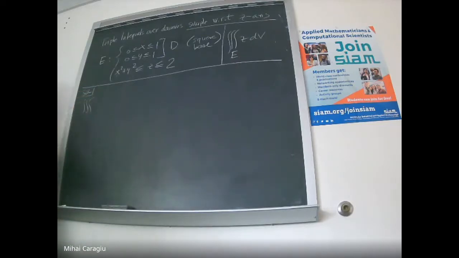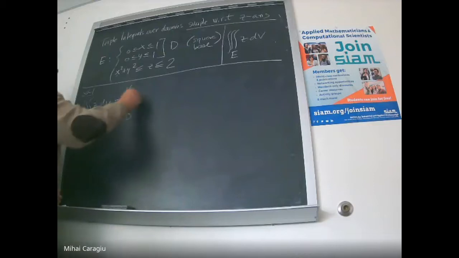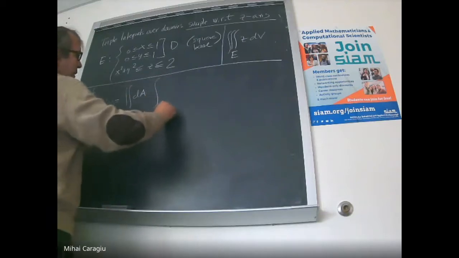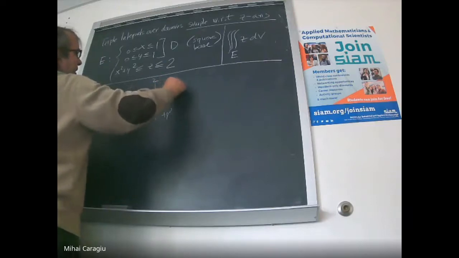Triple integral over E of z dV is, let's reduce everything to a double integral over the square 0, 1 cross 0, 1. So double integral over D. We can put dA in front just to make sure that we got it. So integral from the lower x squared plus y squared to 2 of z dz.